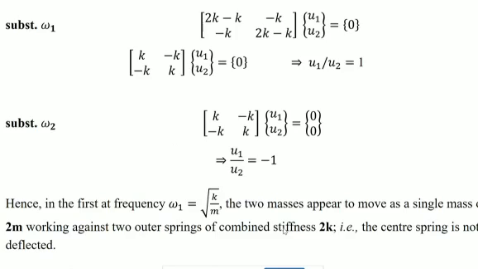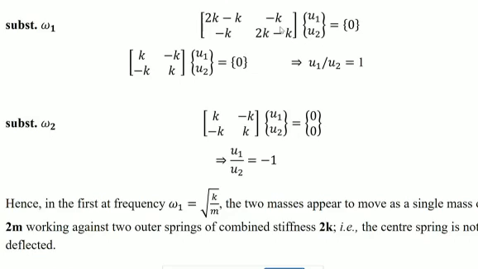So when we substitute omega 1, then we get the first mode shape, and then we get the ratio between u1 and u2. Even if we take the first equation, then also we'll get it, and if we take the second equation, then also we get it. We need only one equation.